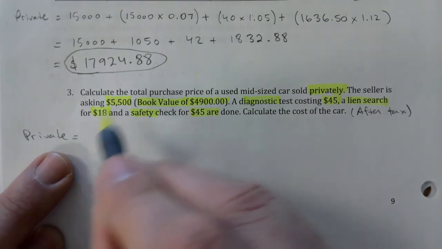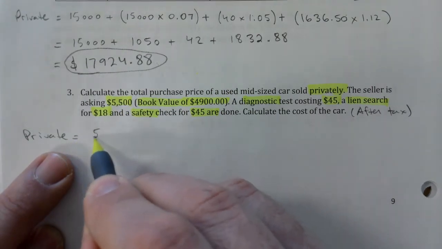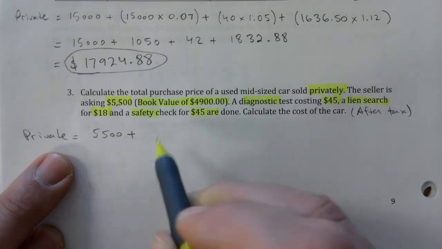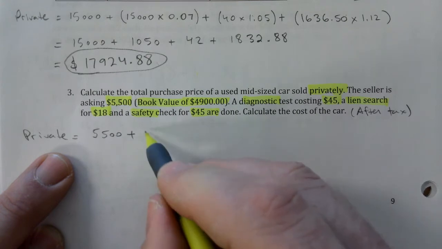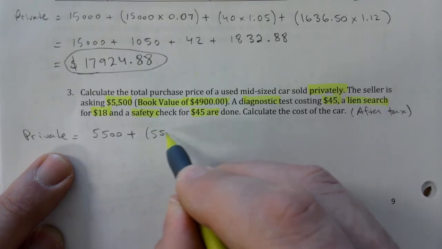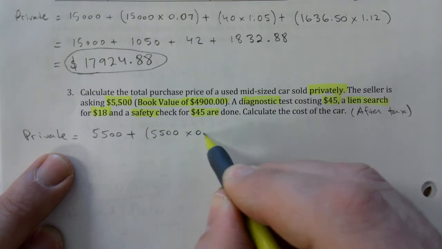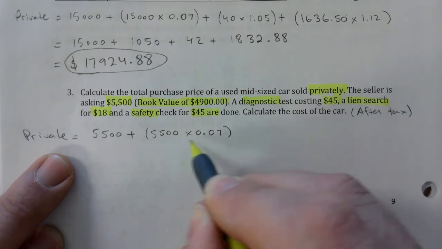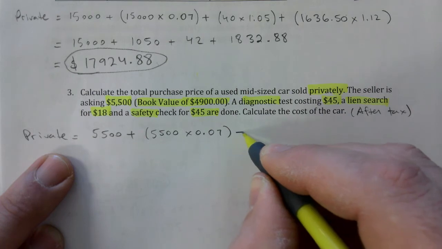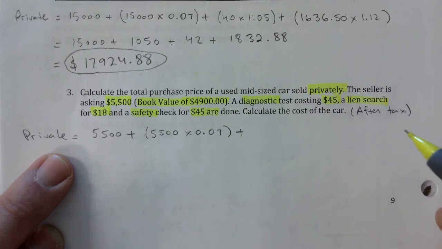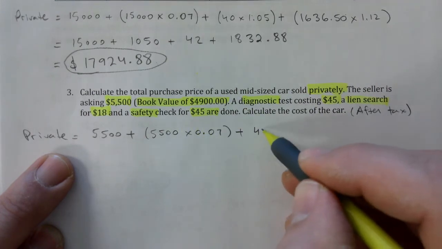So, private sale, it's the actual asking price plus the greater of the two, which in this case is the asking price, so that comes in here, and you multiply that by 0.07 every time. If it's a private, it's times 0.07 plus safety, which is 45, right?